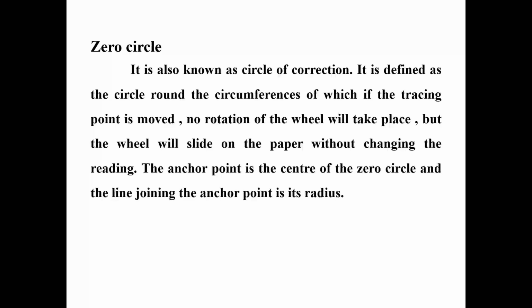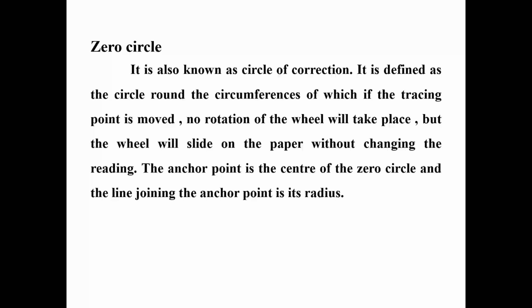Come to the zero circle. What is the zero circle? It is known as a circle of correction. The circle along which, if the tracing point is moved, no rotation of the wheel takes place and it only slides on the paper without changing the reading, is called a zero circle.